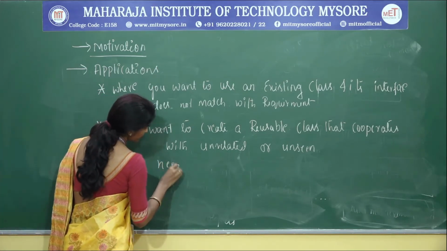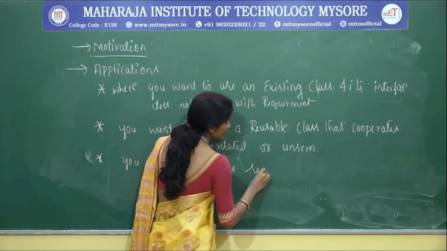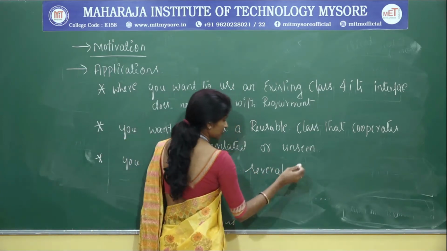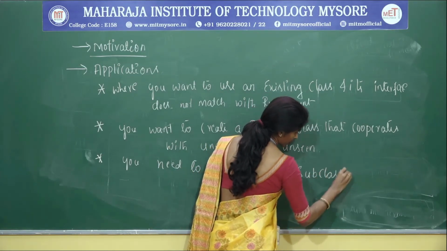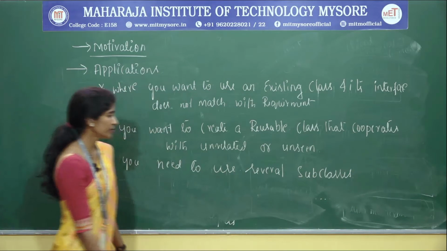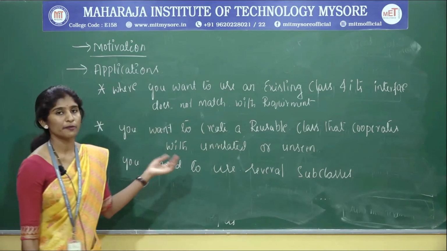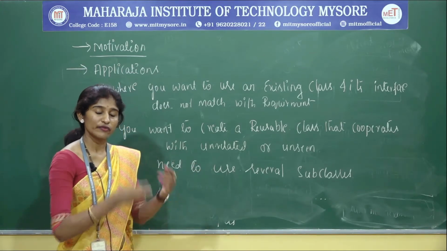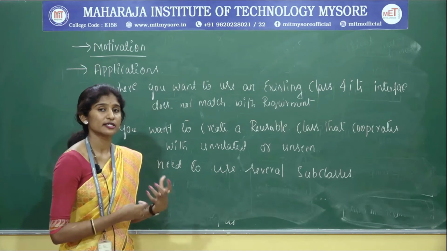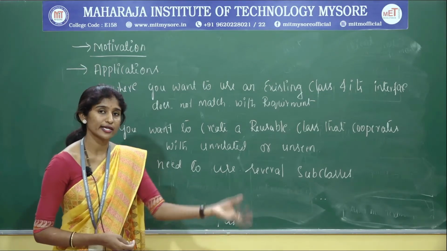You need to use several subclasses. That is, when you want to use several of the subclasses, as I told you, that is in a graphic editor. Within a shape class, we had so many graphic objects, that is the subclasses: line, circle, square, rectangle.